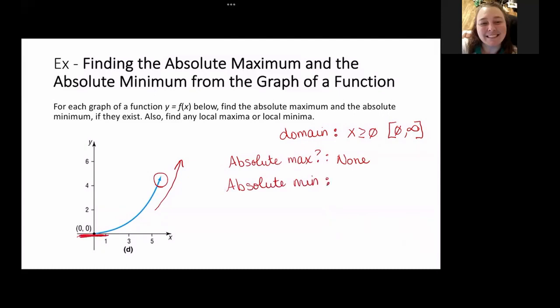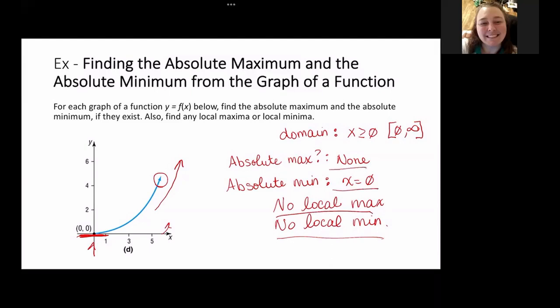Because it's only getting bigger from there. So where x equals 0. Again, because this is an endpoint and this one's infinity, there are no locals. No locals, and no absolute max.